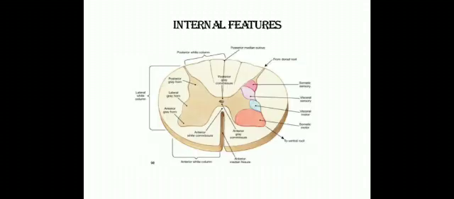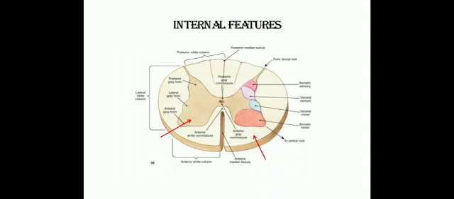So, now the internal features. The white matter, that is the nerve fibers, lies outside and the grey matter lies inside. Here the inside H-shaped structure is the grey matter and surrounding that is the white matter.